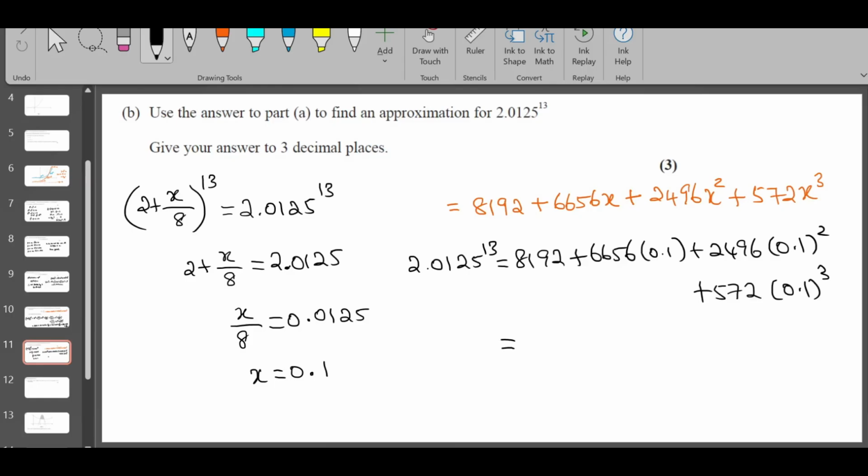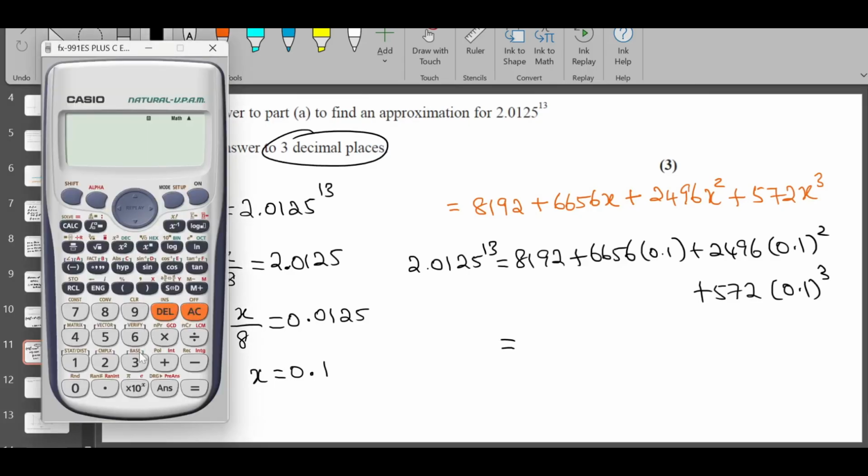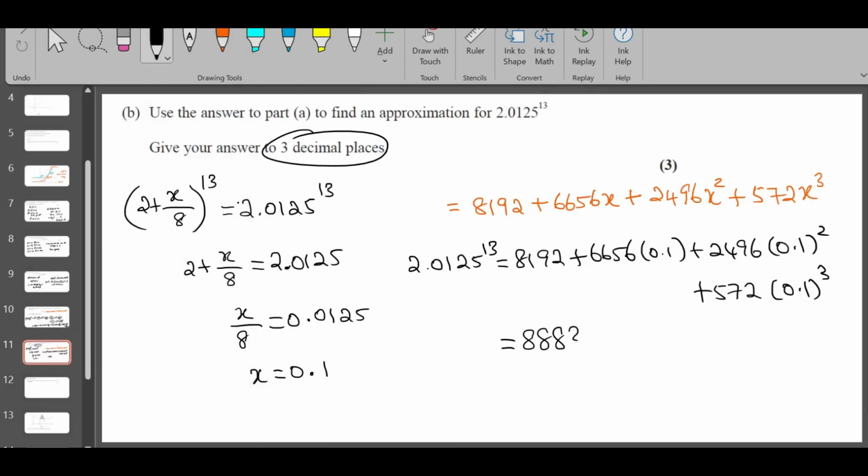Get the answer, right, round it to 3 decimal places. Anyway, 8883.132. That's the answer for part B.